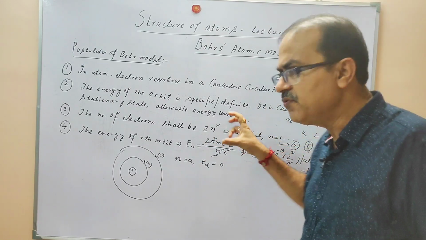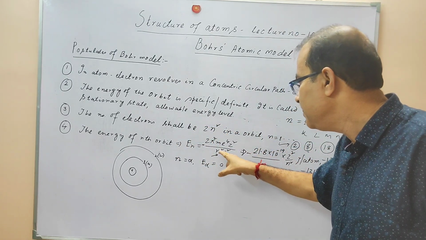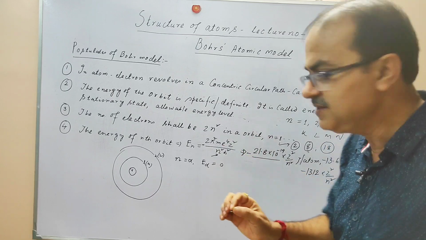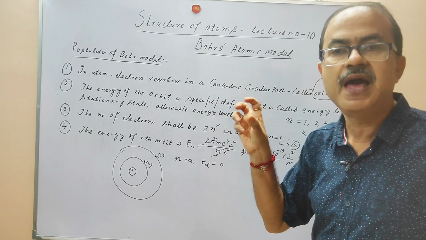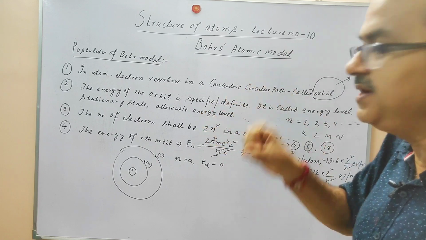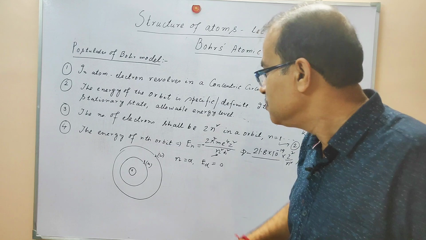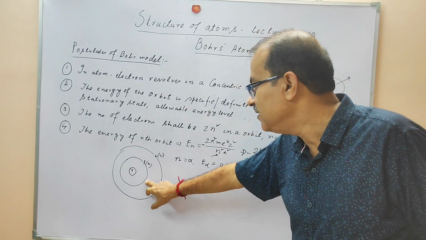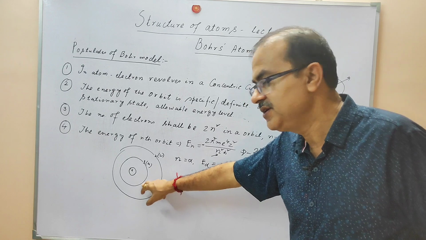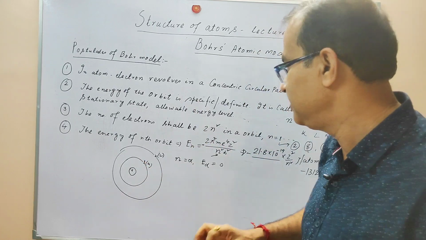The energy term will be much more negative, because when the denominator is decreasing, this value will increase, and it will have a very high negative value, means this energy will be very less. So the energy of the first level, that is the first orbit, will be least, and it is called the ground state.